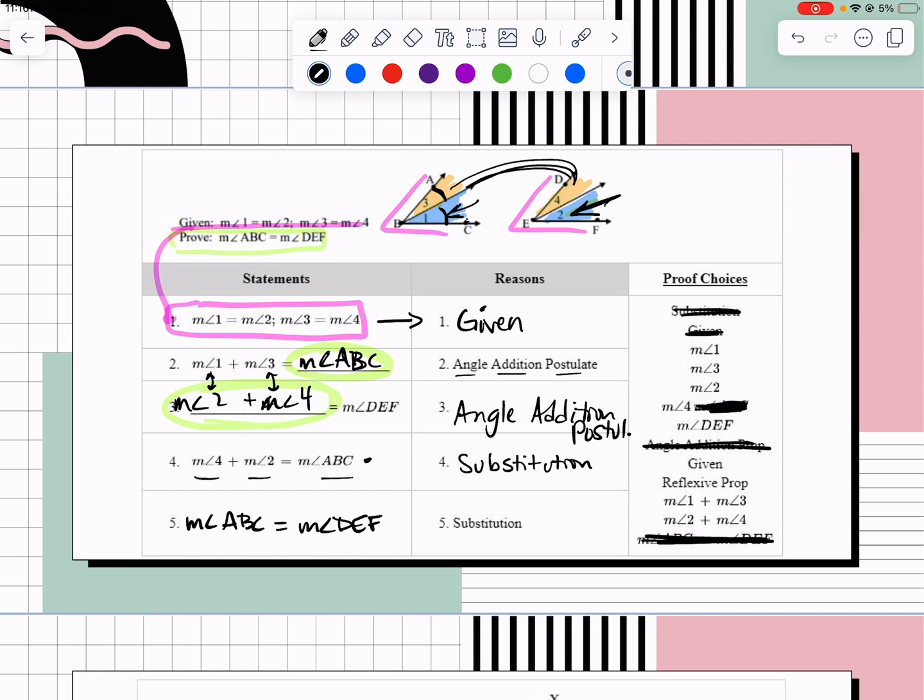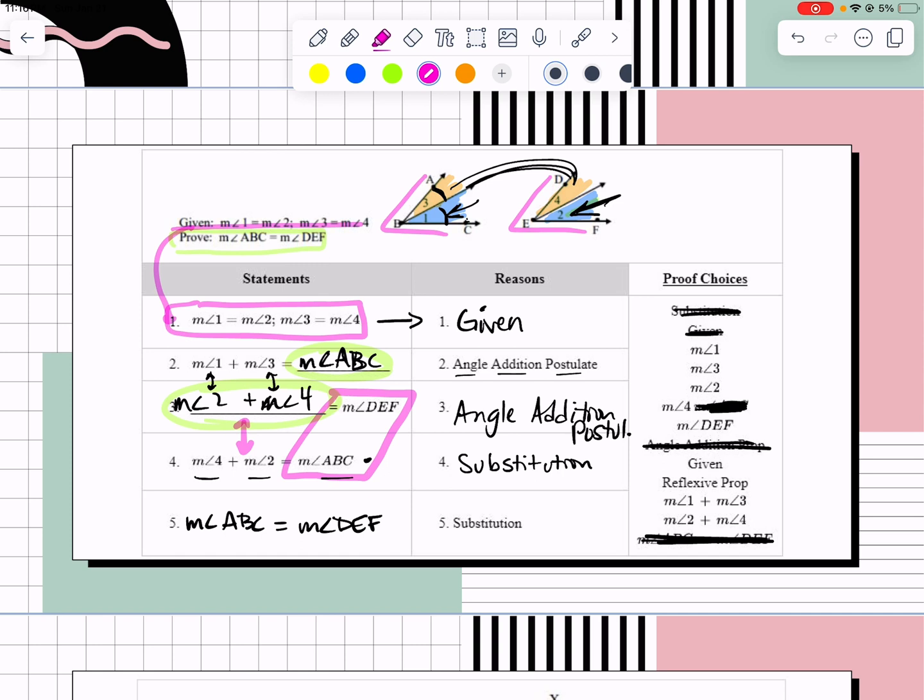And therefore, I can do the same thing with the last line, because these two end up being equal, but it's because these two were equal. So substitution finishes that proof out.